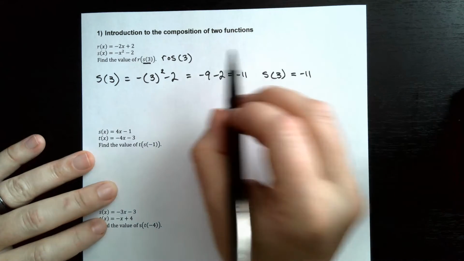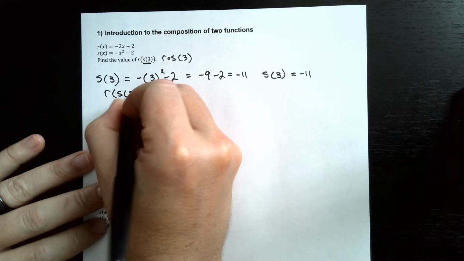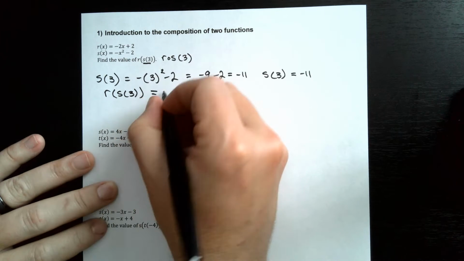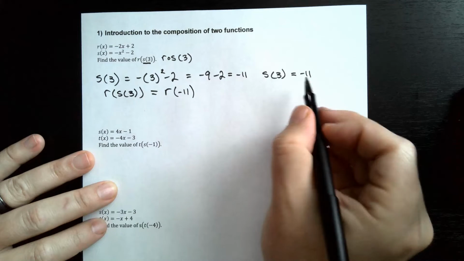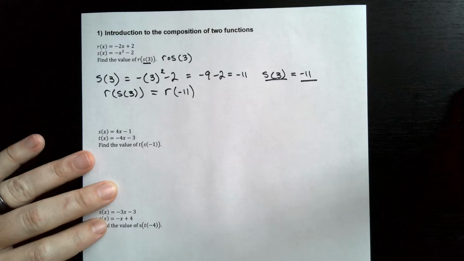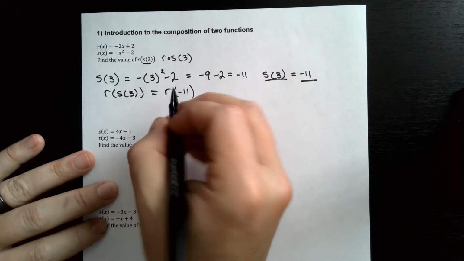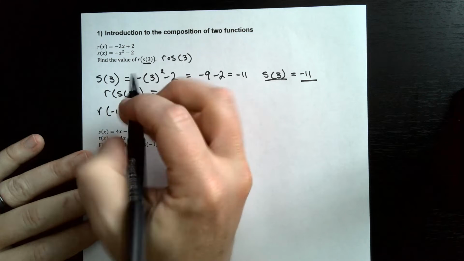So when we were asked to find r of s of 3, now we can say we're going to find r of negative 11, because these are the same thing. We just figured that out. Now we need to figure out what is r of negative 11. Look at the r function.